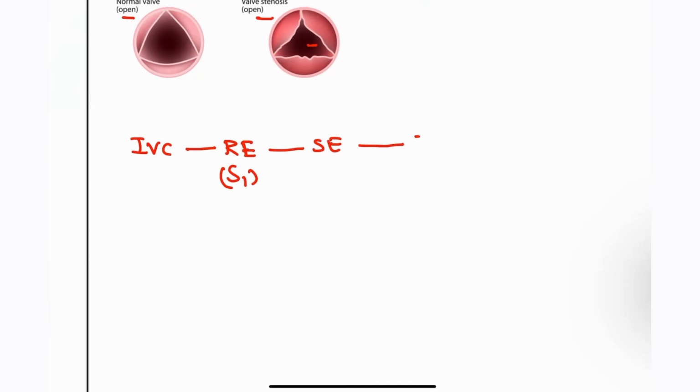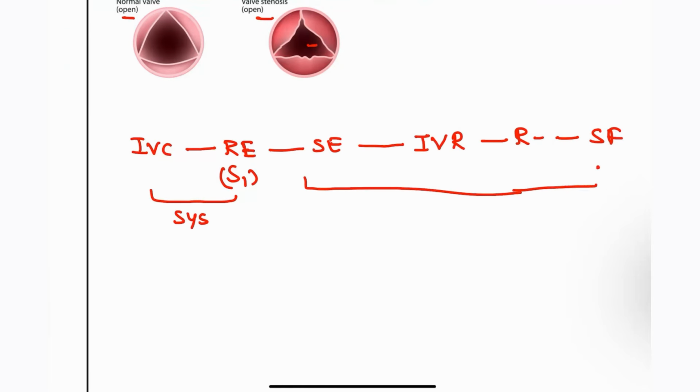Next, isovolumetric relaxation, rapid filling and slow filling. Right, this is how we are going to see it. In this, there is a systolic phase and a diastolic phase. So you have to understand where S1 and S2 are seen. Here the S1 and here the S2 is seen.